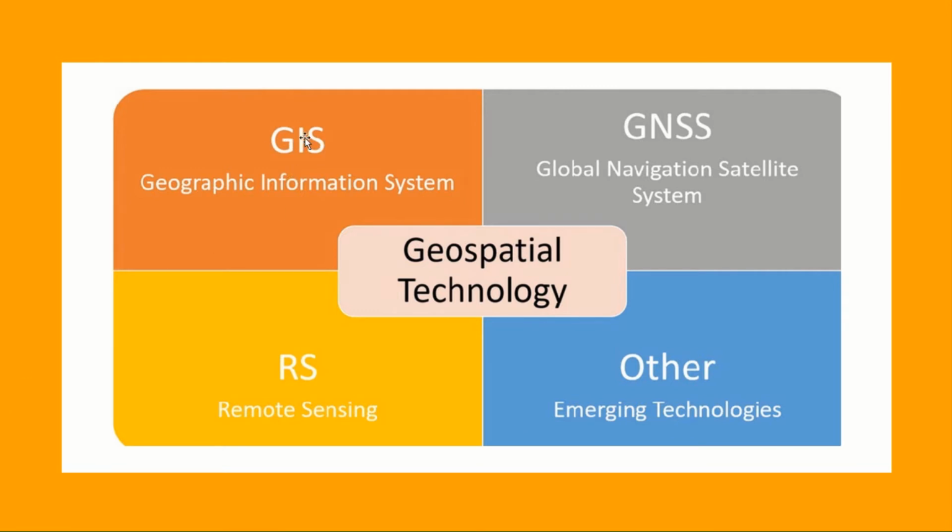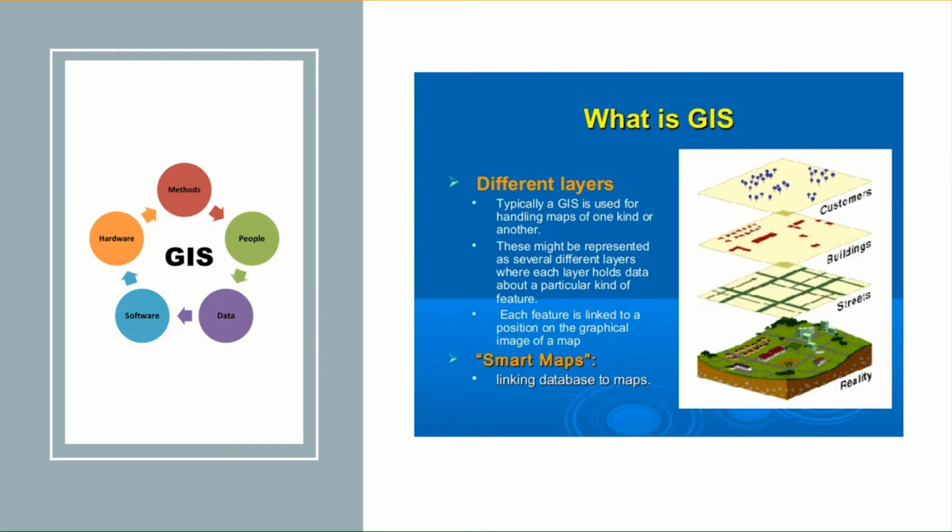Now we'll talk about how these systems, especially GIS and satellites, work. As we mentioned, these are geospatial technologies. First we'll go for GIS. GIS is a combination of hardware, software, data, people, and methods.